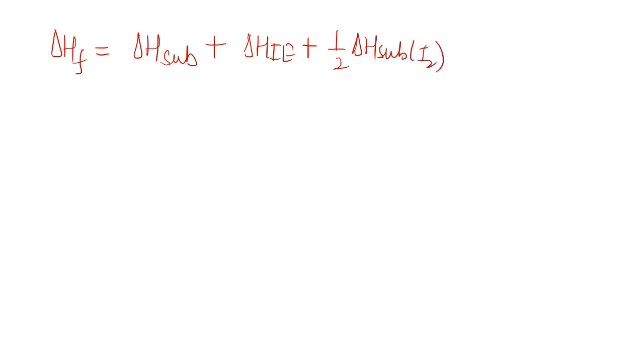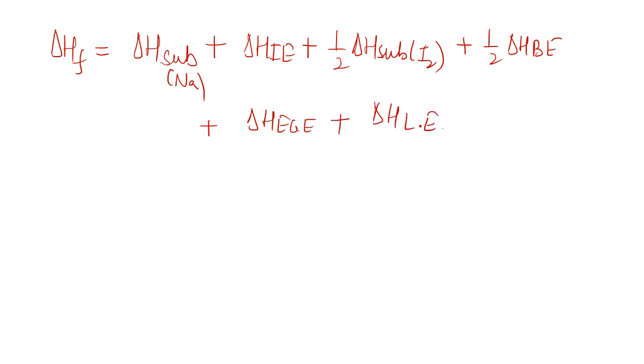This is I2 and this is for sodium. Okay, then we have half of the bond energy of I2 plus, and we have electron gain enthalpy of I plus lattice energy. This is the expression for NaI.